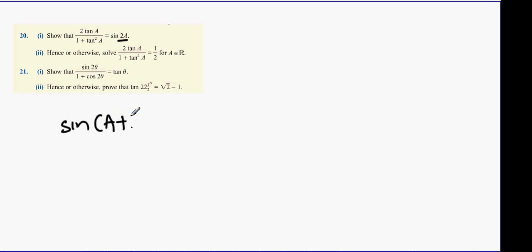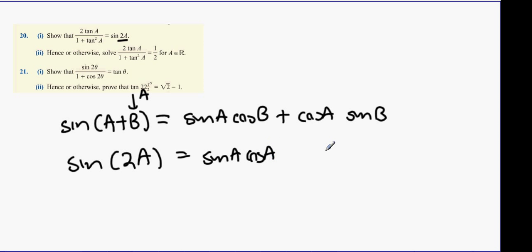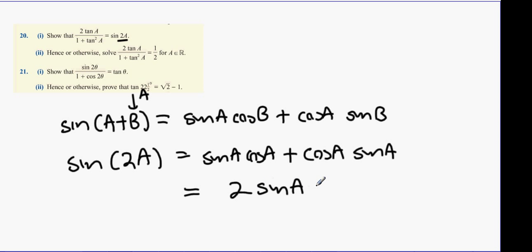You've got to write down what sine of A plus B is to start off: sine A cos B plus cos A sine B. Next I'm going to change all the B's into A. So I'm now going to get sine A cos A plus cos A sine A, and that in turn brings it to 2 sine A cos A.